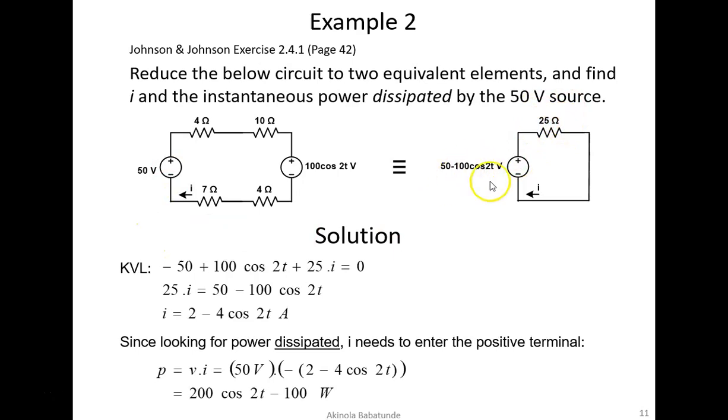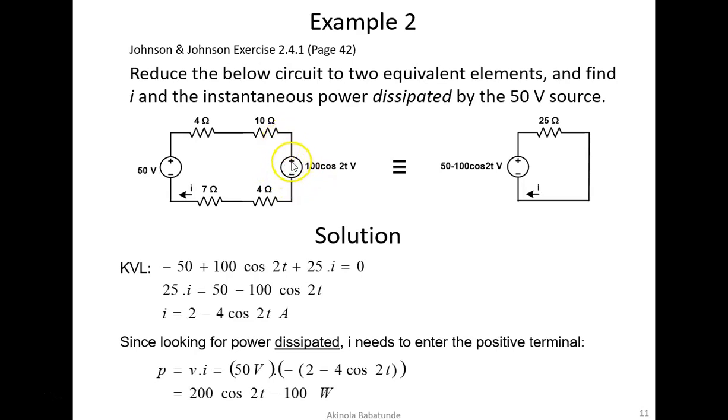To obtain the equivalent voltage, you will find that there is a single current flowing through the circuit. Because it is a voltage source, we expect current to flow from the region of higher potential to lower potential. So the current from this voltage source goes this way, while the current from the 100 cos 2t voltage source goes up here.